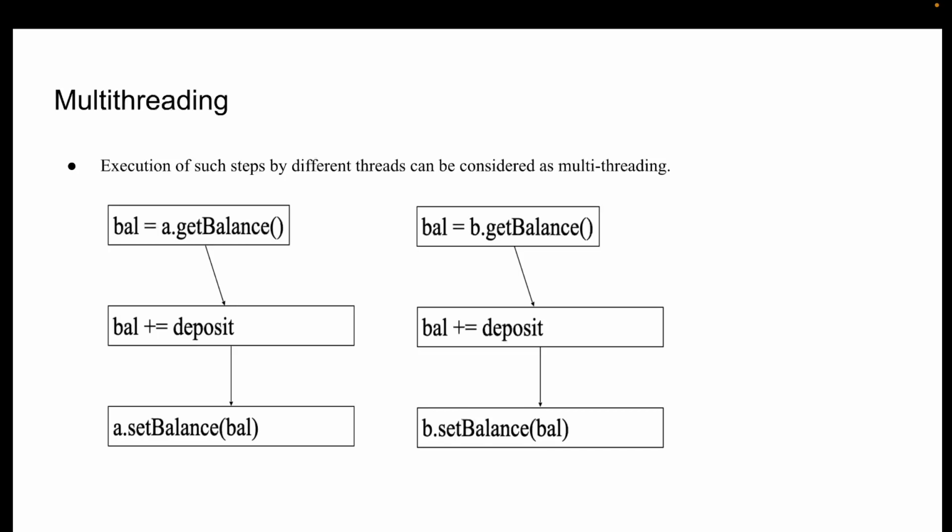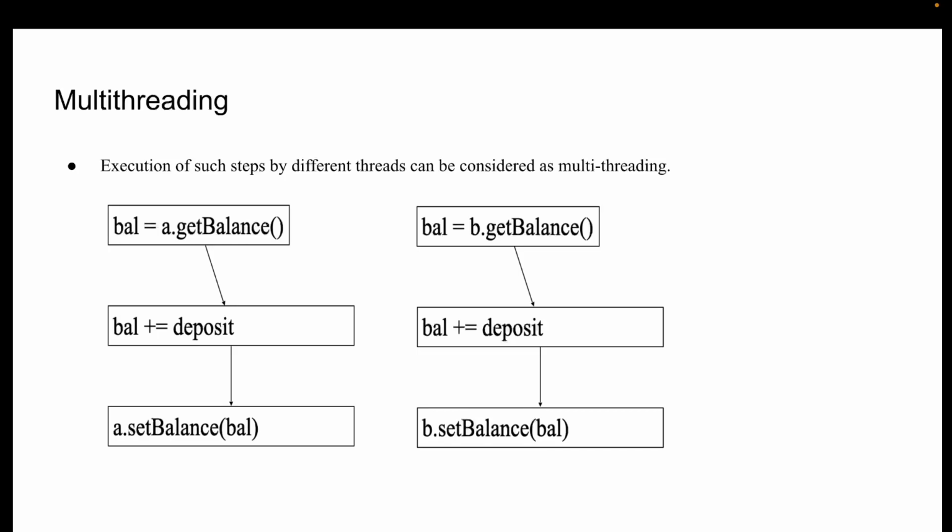Let's say one thread is trying to get the balance. Let's say we have some 1,000 rupees in the bank account, and thread A has already seen that 1,000 rupees are there in the bank account, and it tries to withdraw that 1,000 rupees from the bank account.